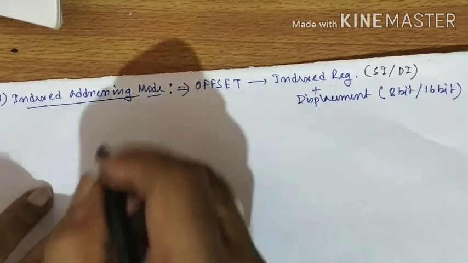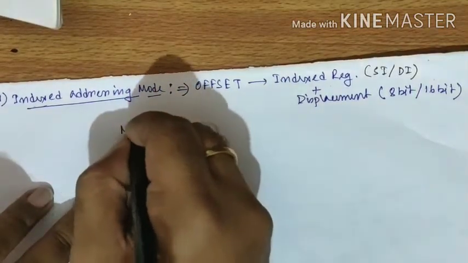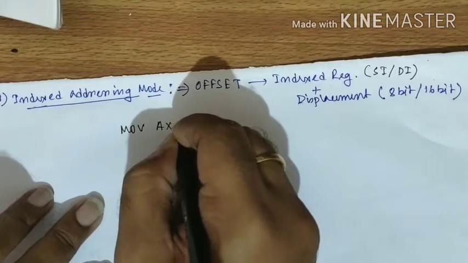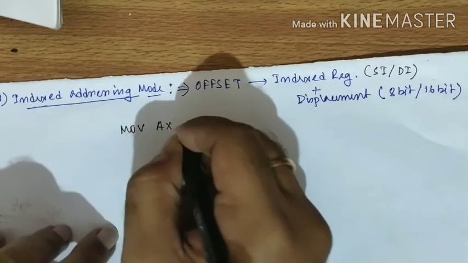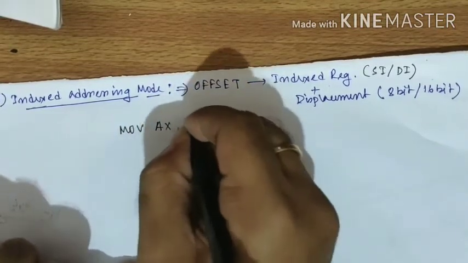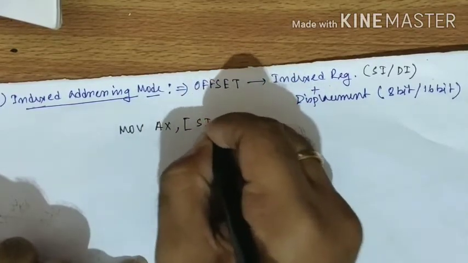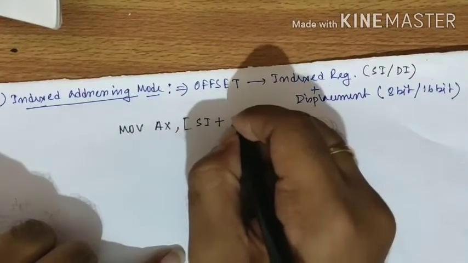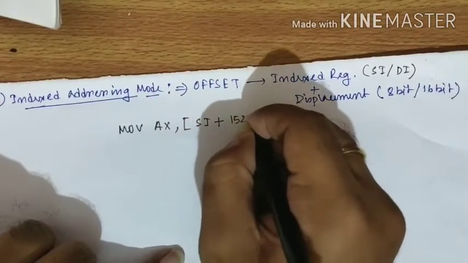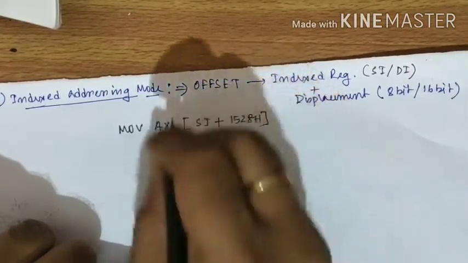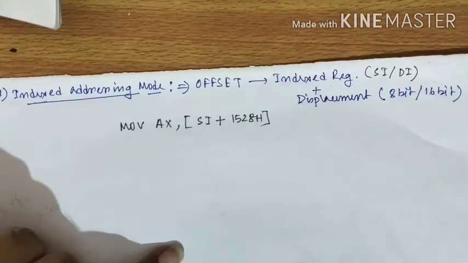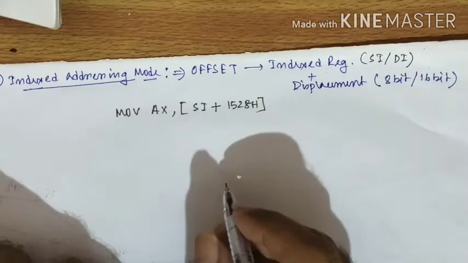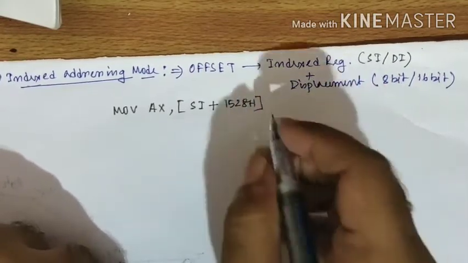A typical example can be like this one. MOV, suppose AX, comma, index register SI plus, assume a 16-bit displacement, that is 1528H. If that happens, then what will actually happen? In this case, we need to once again assume the value of SI.